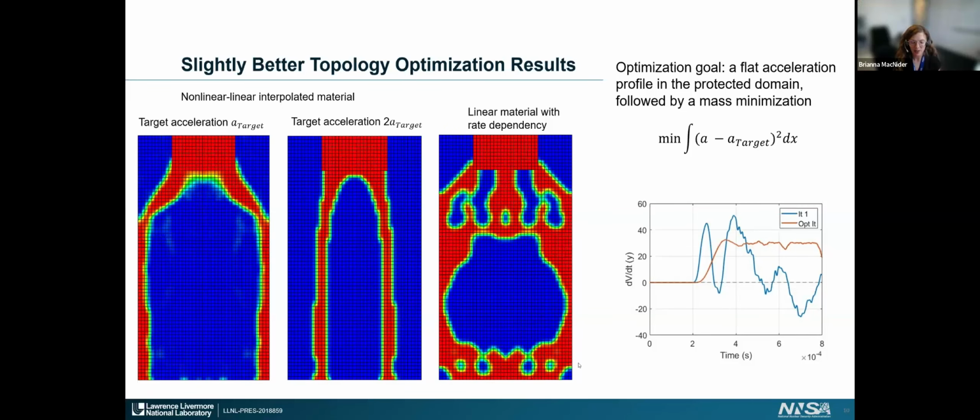Yes, so all of these have geometrical nonlinearity included, but on the left over here, this is a Neo-Hookean material model. That's the nonlinear here. And one of the things I didn't quite have time to touch on, just because there were a lot of factors that went into this, is that we are doing an interpolation. So the soft material here is linear material, and then the fully dense is a nonlinear Neo-Hookean, and we're interpolating between the two.